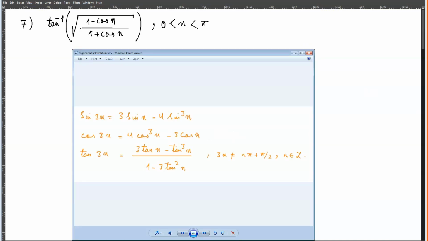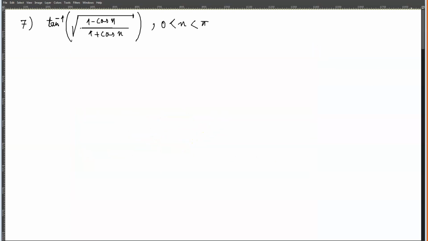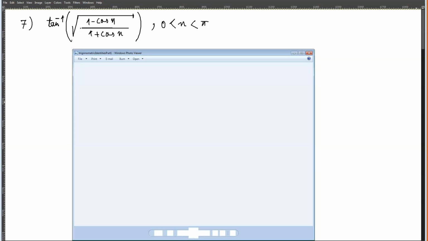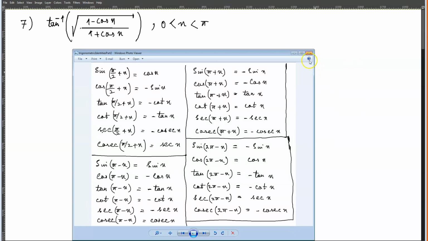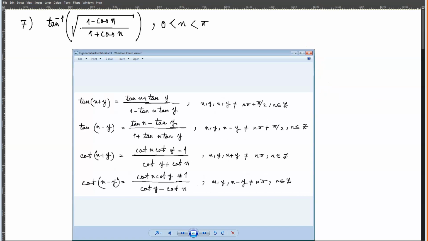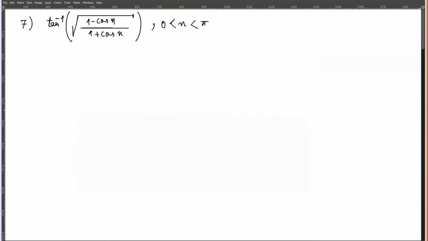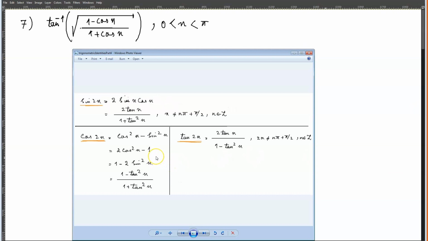Let me see if I can find something here. So that must be somewhere over here.